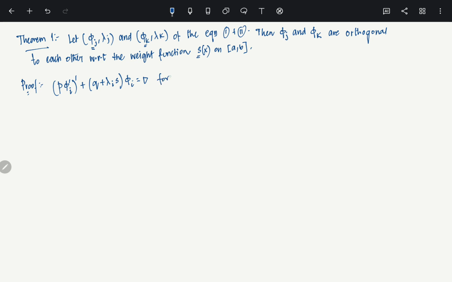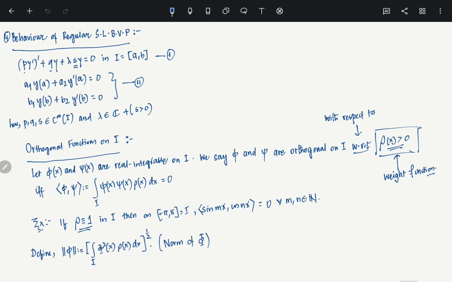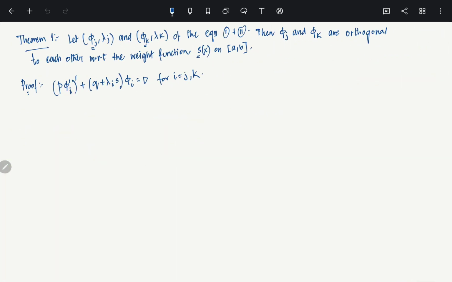This is for i equals j and k. If you put i as j and k, this will be true because this equation is satisfied. So this equation is true.